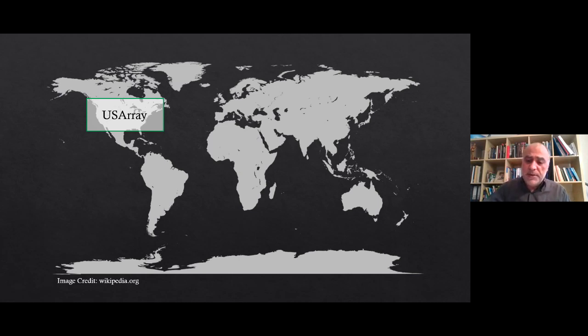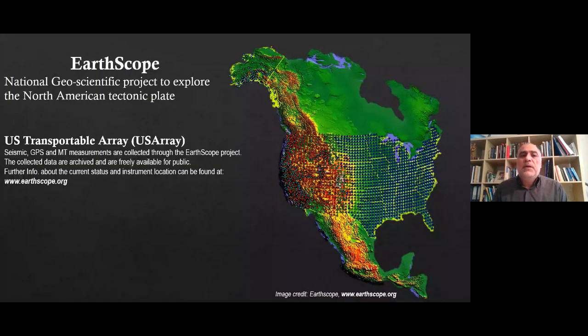It's called the USArray, and it is part of EarthScope, a national geoscientific project aiming at exploring the North American tectonic plate. The USArray, or US Transportable Array, contains data such as seismic, GPS, and also magnetotelluric. All of the information can be found at earthscope.org.